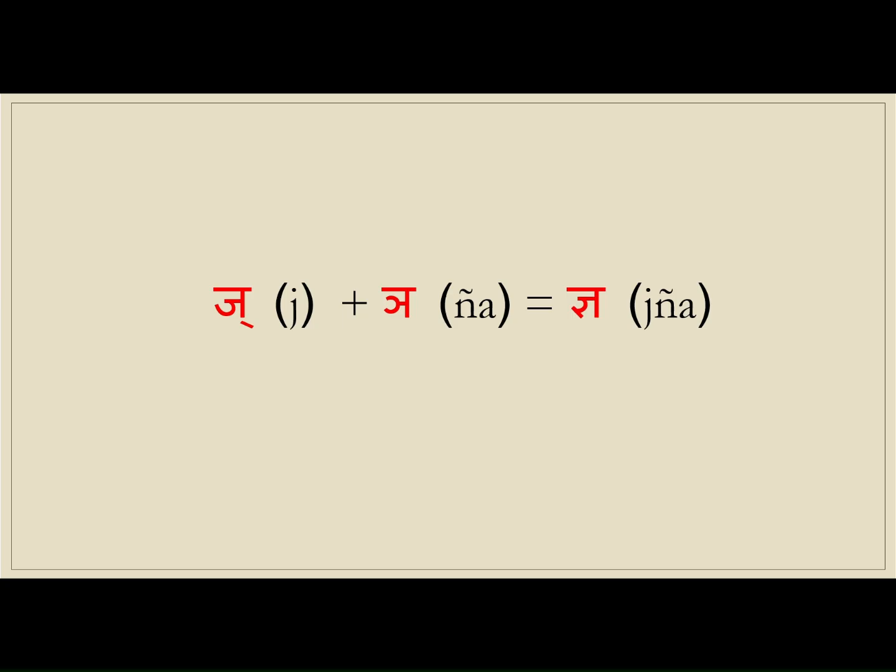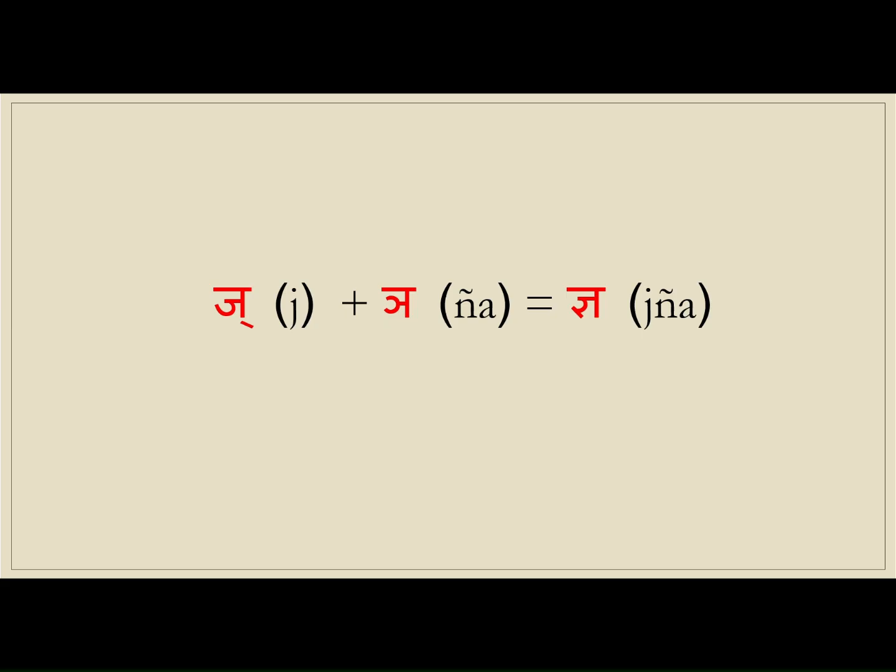But it seems both of them are not correct. The reason why gya is not correct is that it is a guttural sound. We go from ga to ya, gya, which doesn't seem concordant. And the second, jnya, also seems quite incorrect.